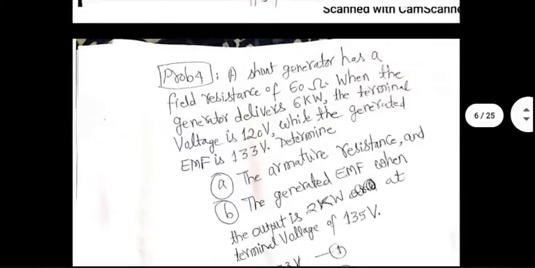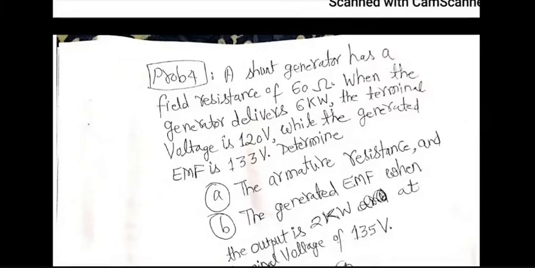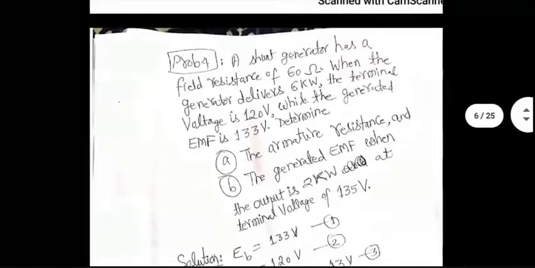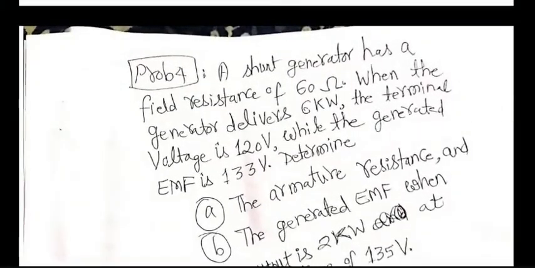Problem 4. A lot of problems here. A shunt generator has a field resistance of 60 ohm.